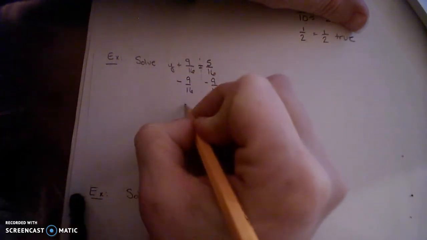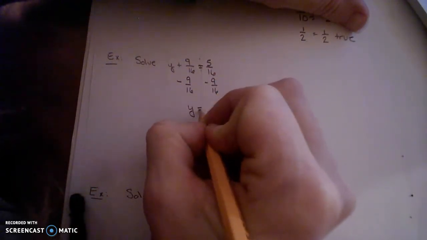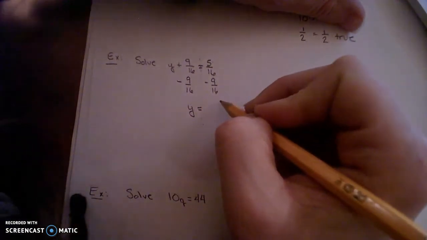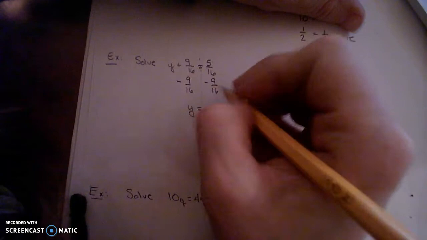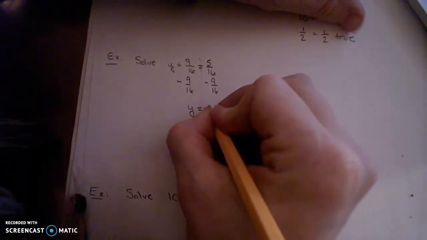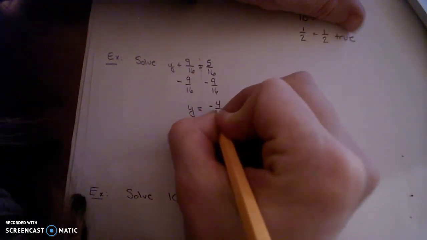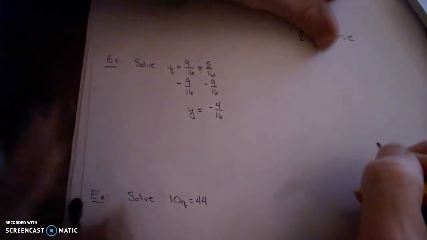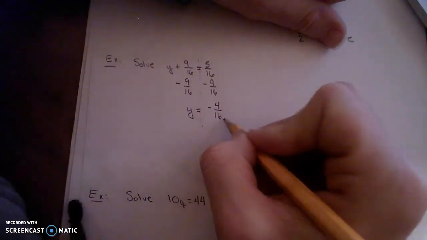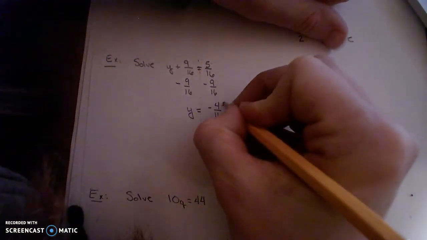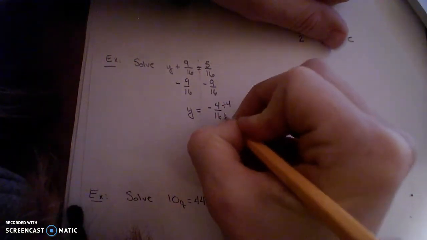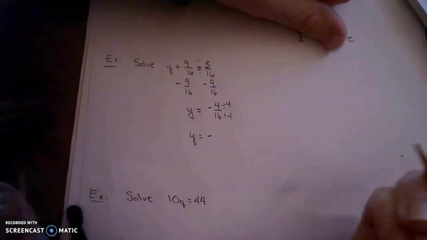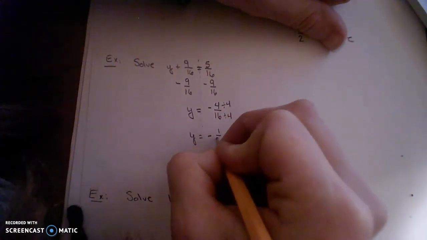So what I'm left with here is y equals, and here 5/16 minus 9/16. 5 minus 9, I have to think about that for a moment, should be a negative 4/16. All right, and now I know that this can be reduced because 4 does divide into 16. So I could divide both the numerator and denominator by 4, end up with y equals a negative 1/4.